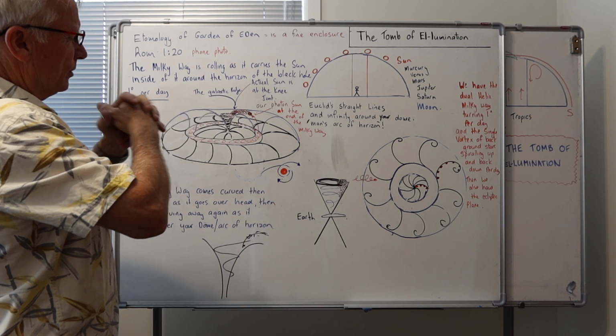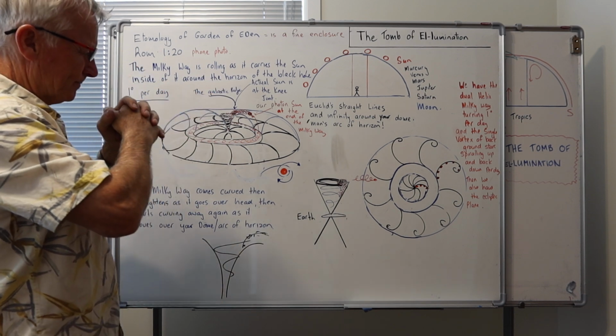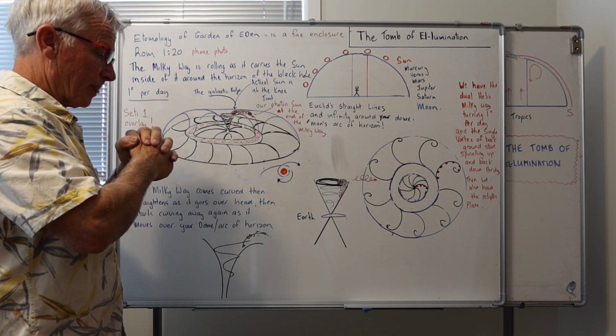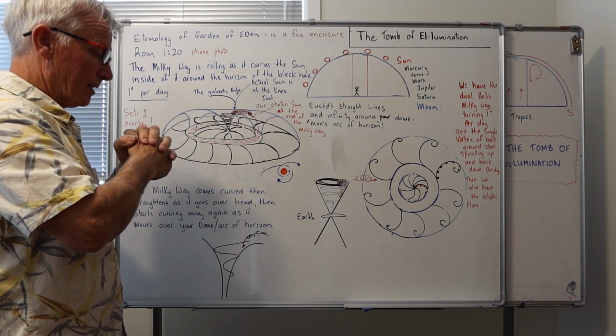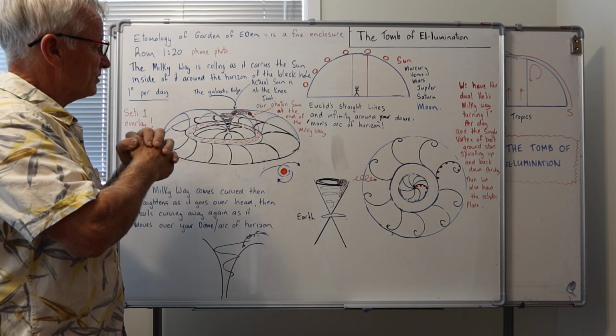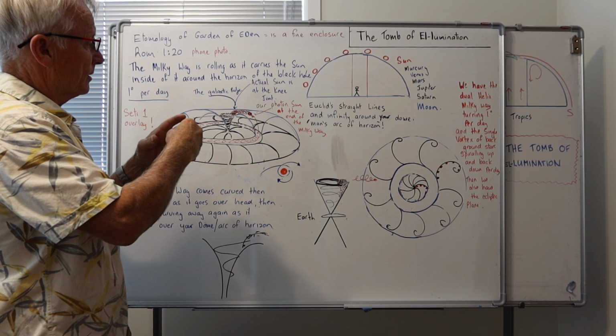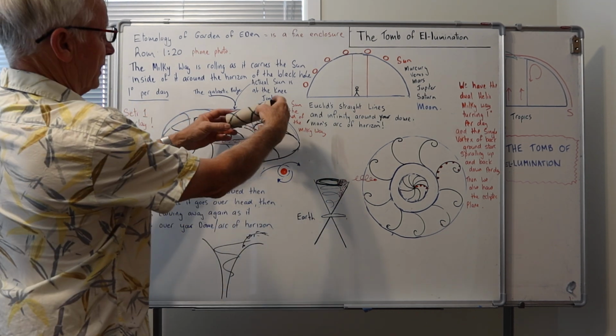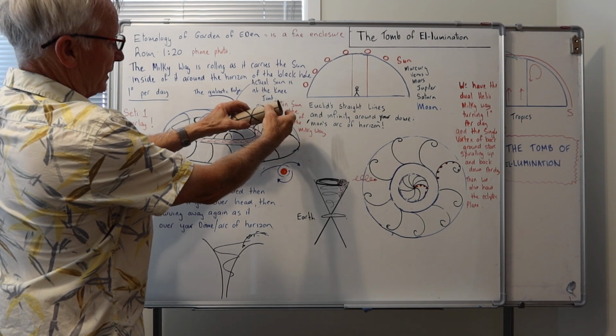Then I've got to work on, I've done this in the past I think, the great year, the 2160, where that comes into it. So maybe, because we've got this turning, maybe it's spiralling down.